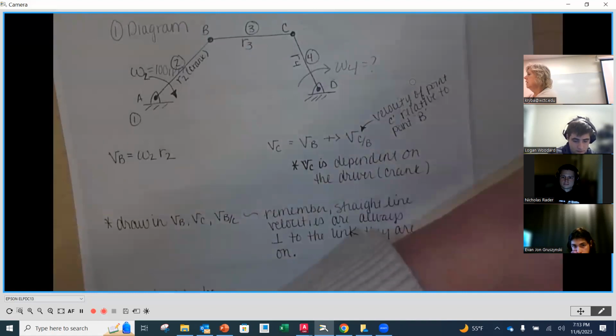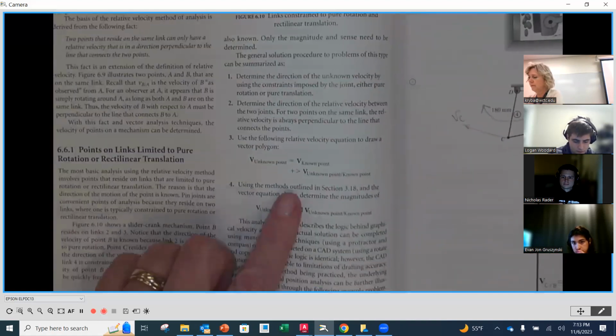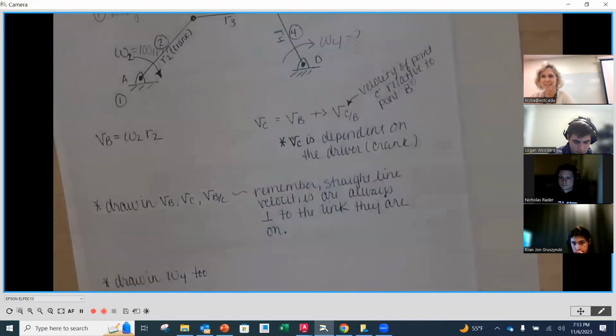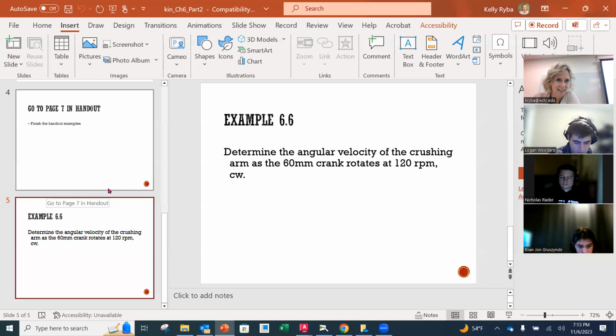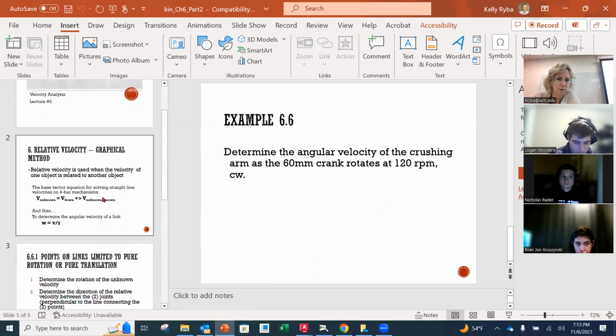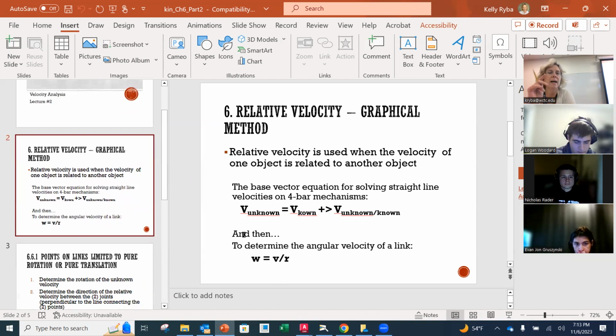Actually, I want to go to the one that I had in the book. I think it was better to look at back here. We go to this slide right here. It says the velocity of the unknown is going to be equal to the velocity of the known plus vectorially unknown relative to the known.